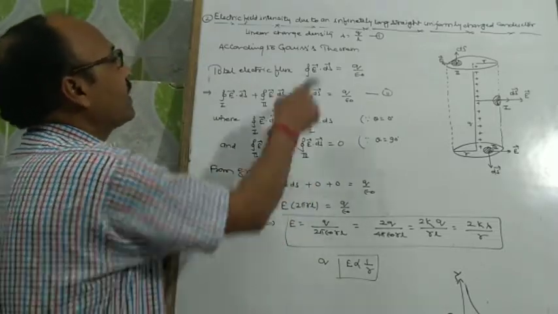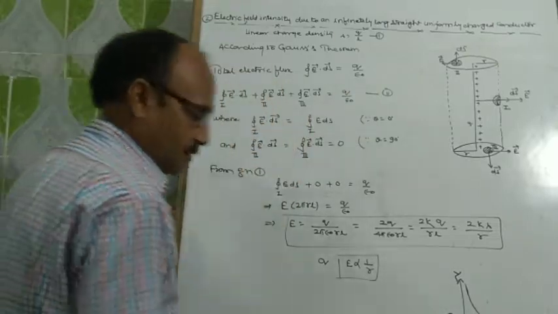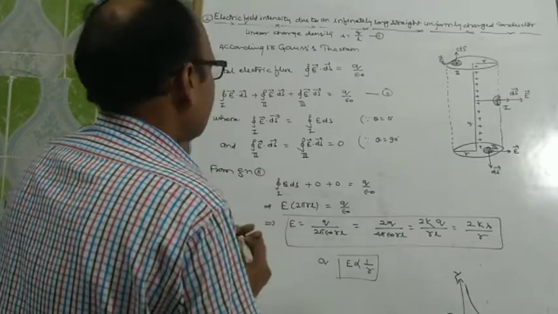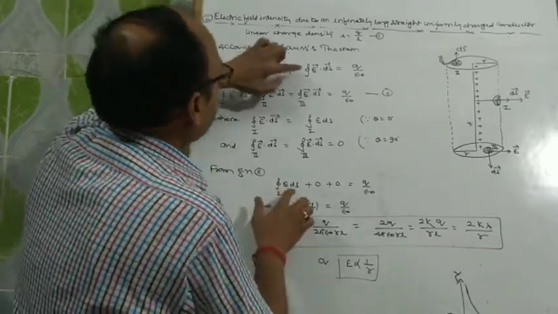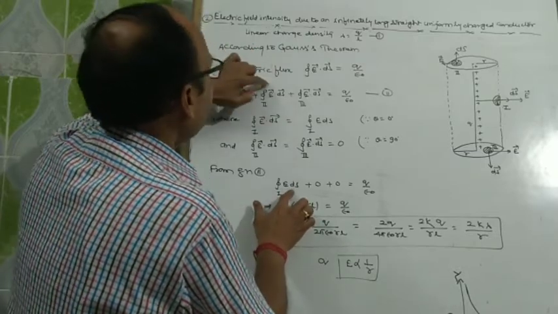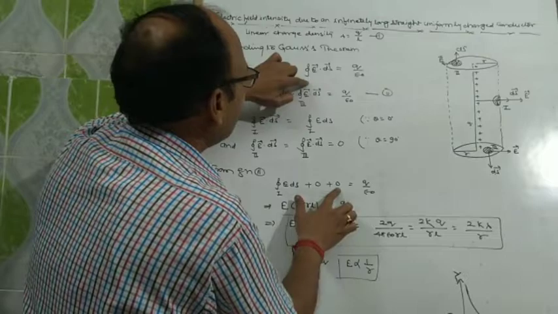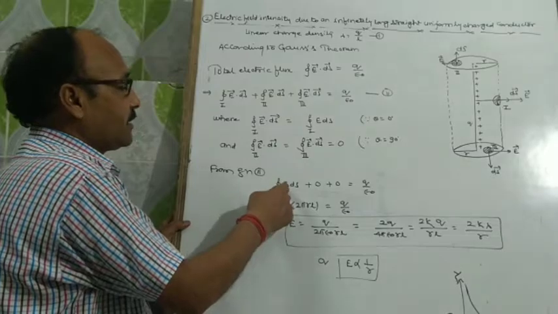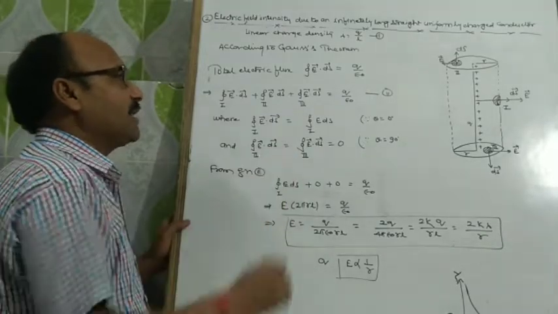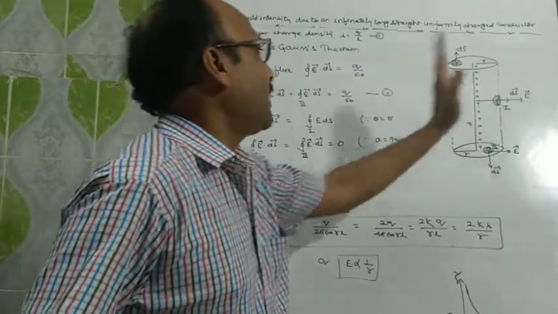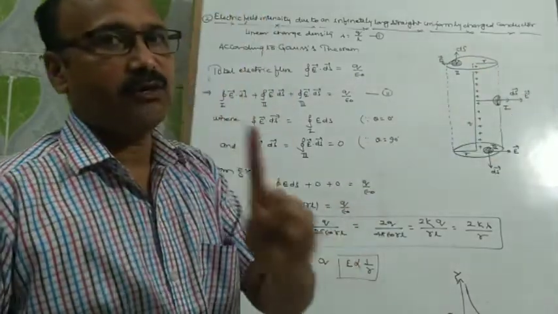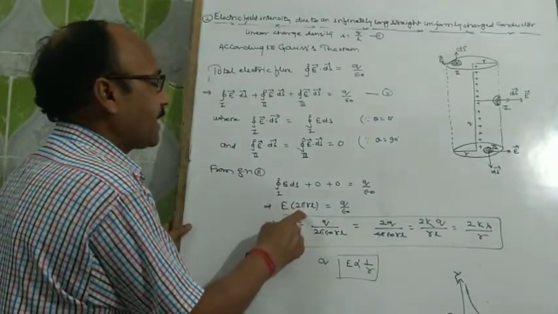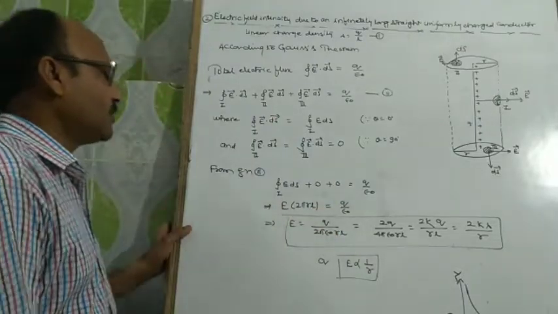Put this value in equation second. In place of this we can write E ds, in place of this 0, in place of this 0, and this is equal to q upon epsilon naught. We take E outside; integration of ds will be the area of this curved surface, or that area equals 2 pi r L. So we can write E into 2 pi r L equals q upon epsilon naught.